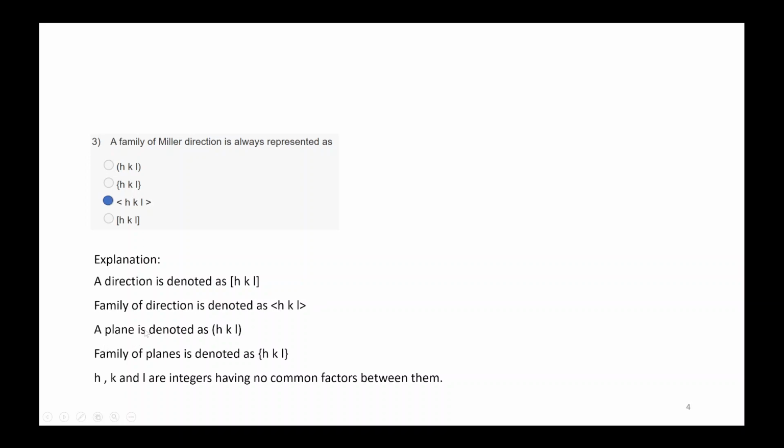A plane is denoted with small brackets, and a family of planes with curly brackets. And h, k, l are integers which don't have any common factors between them, so they are whole numbers.